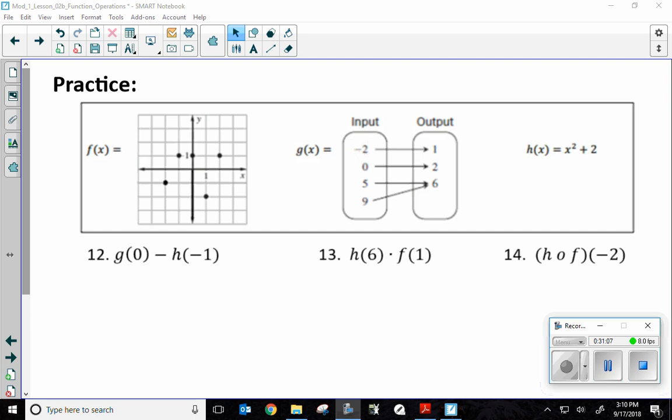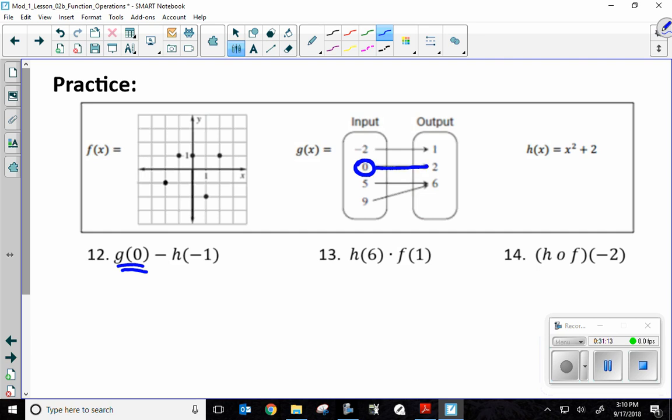Okay. Let's do some more. Another g. g of 0. When x is 0, my input, my y is 2. 2 minus, now be careful, I'm subtracting this whole thing. h of negative 1. Ooh, that means I gotta use this. So I can say it's my x squared plus 2.